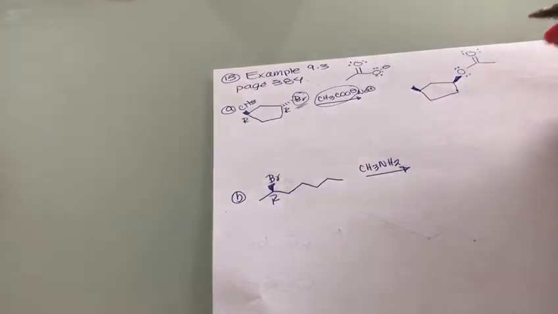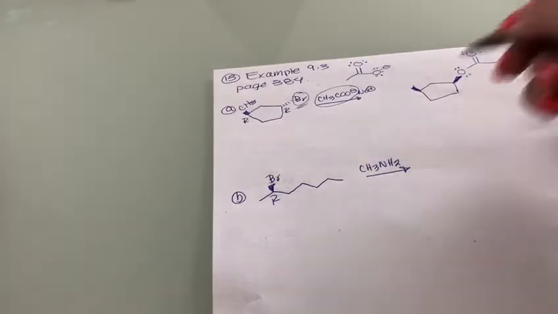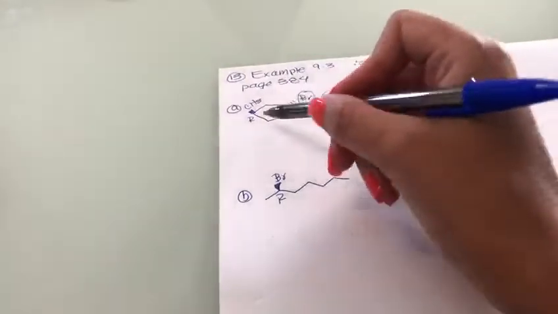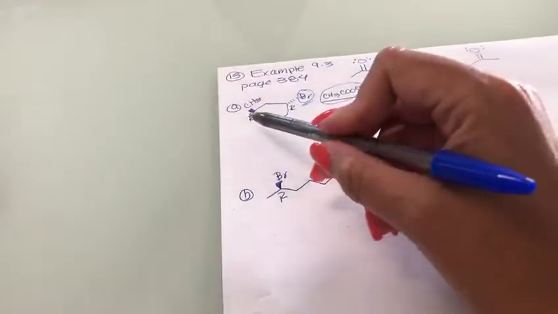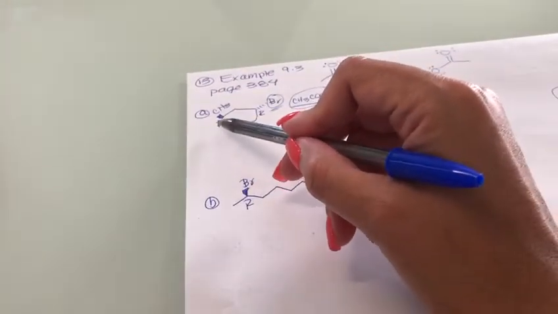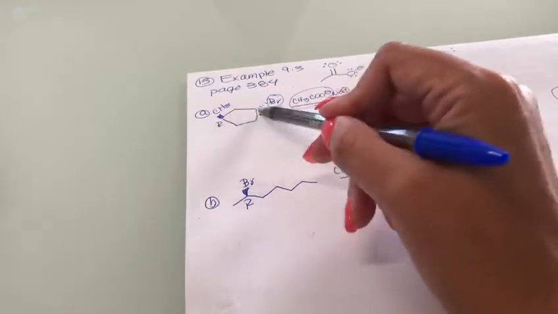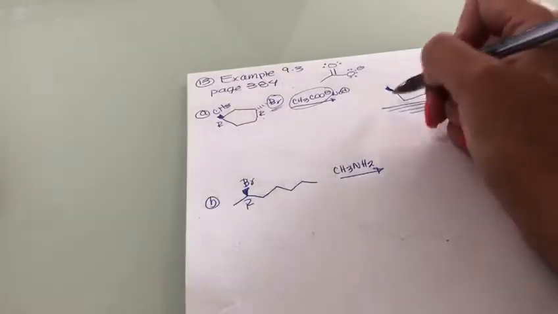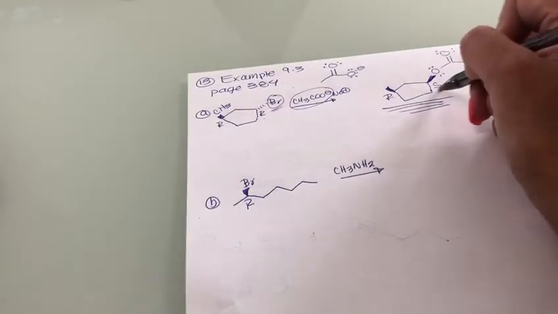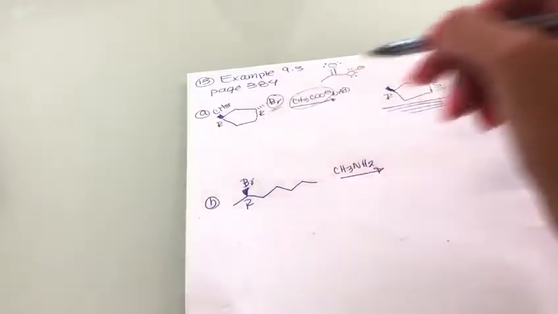And then you will just have this as the product. Before, for the starting material for the reagent, you have R and R for both chiral centers, but now here you will have R, but this one will be S, will be the opposite. You will have the inversion of configuration.